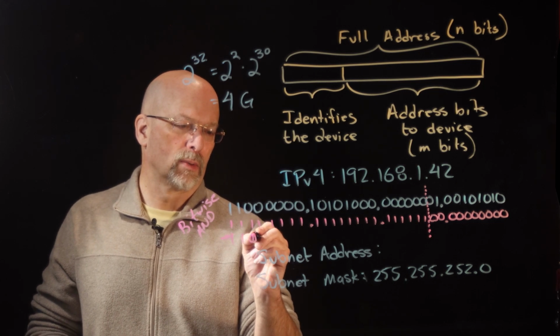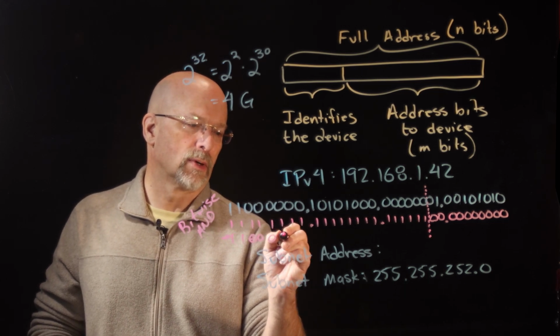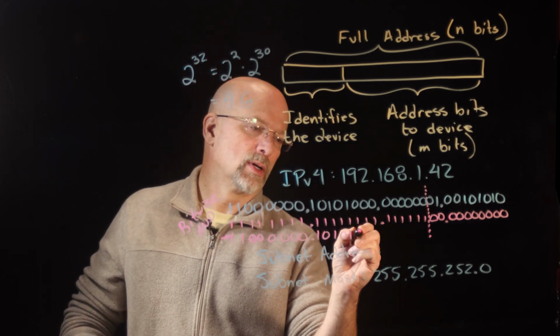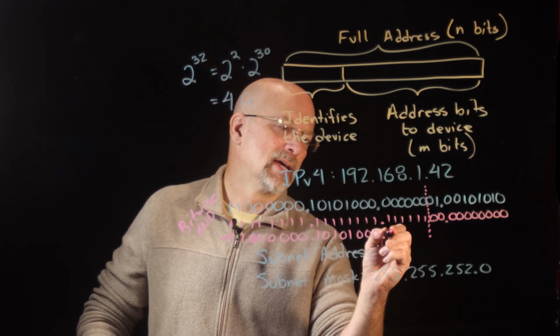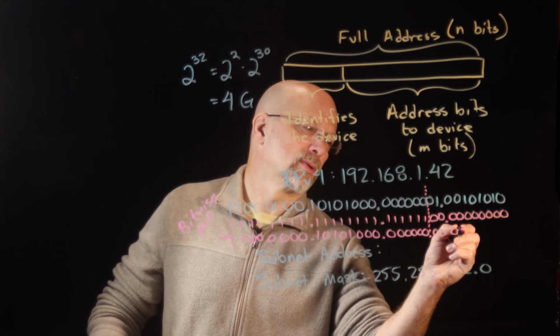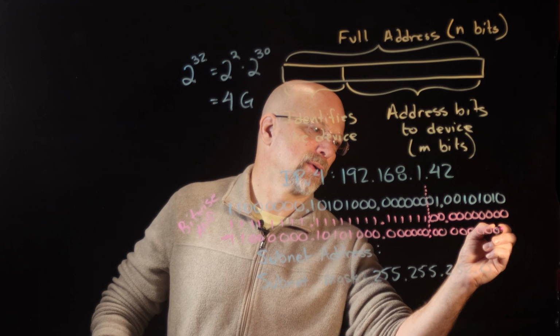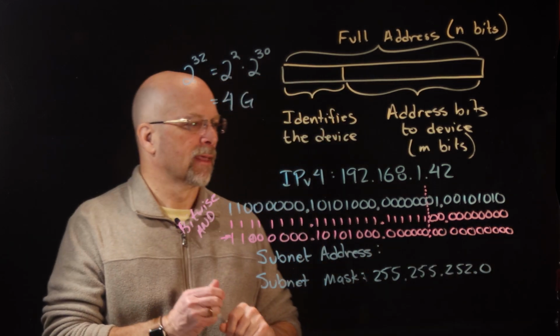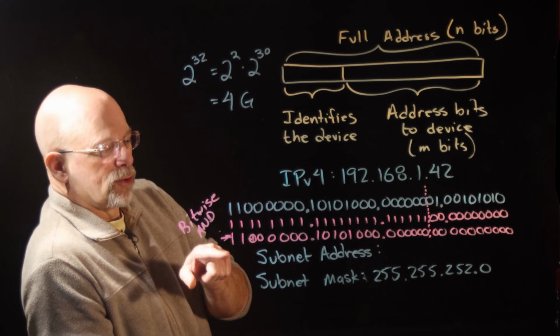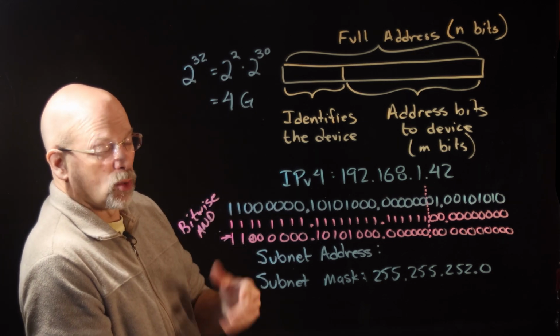We'll do a 0, 0, 0, 0, 0 dot 101010000 dot 000000000000000.